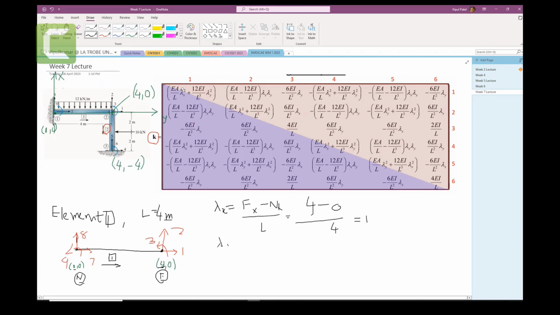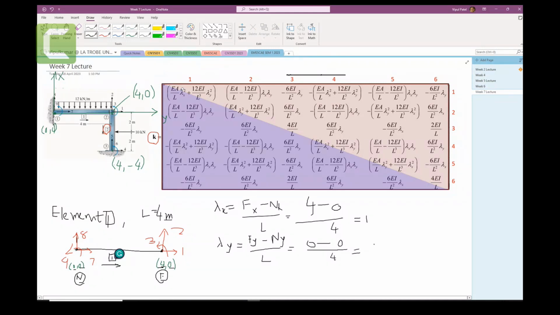Lambda y equals the far node of y minus the near node of y over length L, which is 0 minus 0 over 4.